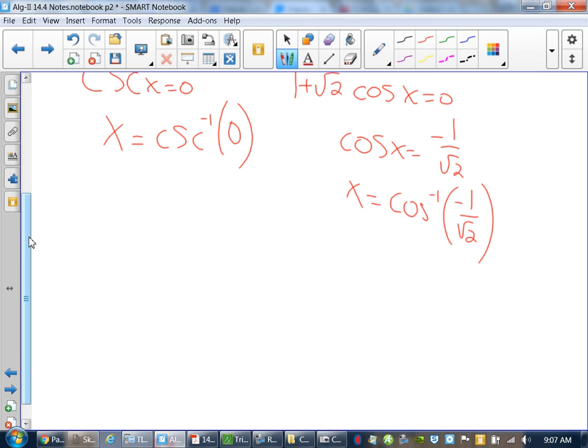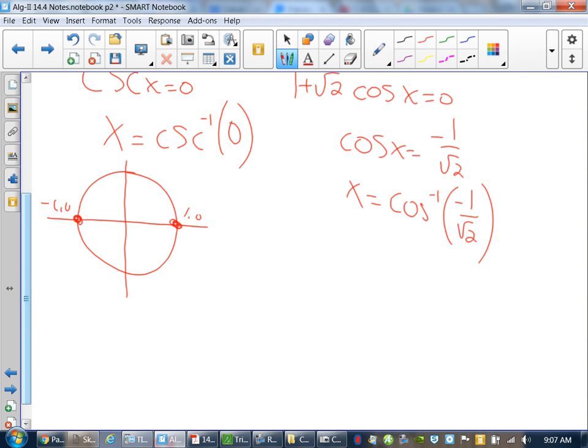As you go through the unit circle, you have zeros for sine here and here, right? Because that's 1, 0, and -1, and 0. If cosecant is the inverse of sine, it becomes 1 over 0 then, right?